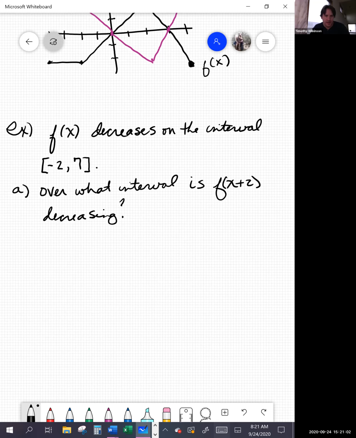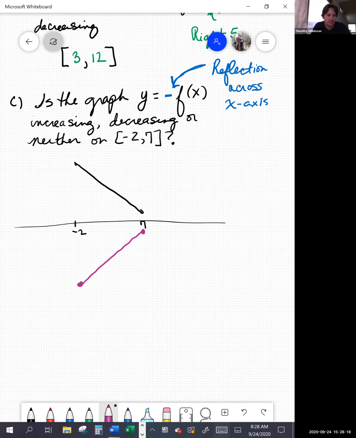Then this point here is going to be flipping down here. And this point here is going to be flipping here. A mirror image, right? And so what's happening then at the graph between x equals negative 2 and 7 when we reflected it? Is it increasing, decreasing, or neither? Increasing. Right, so we're increasing then.